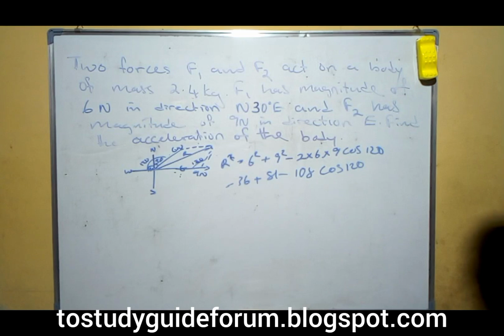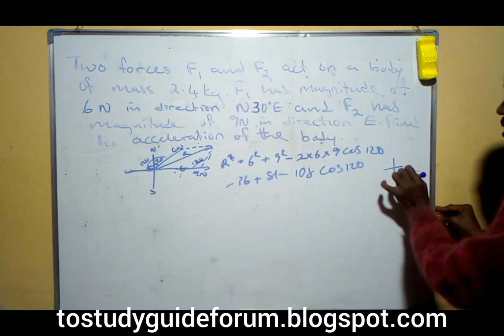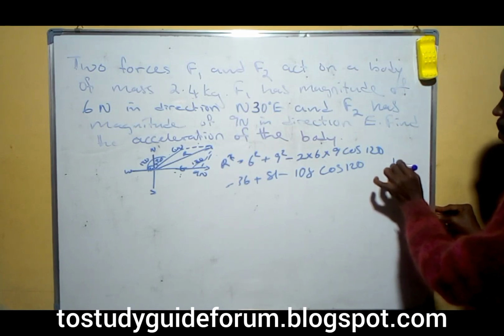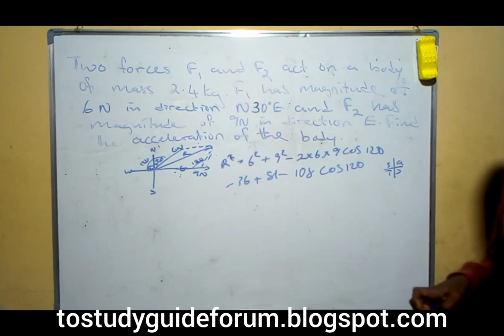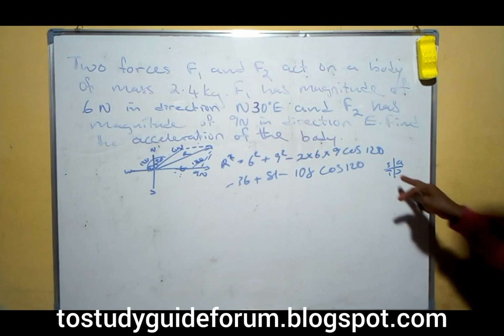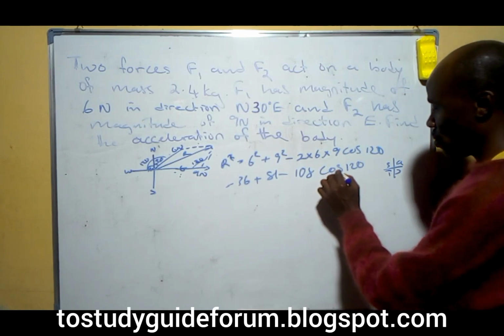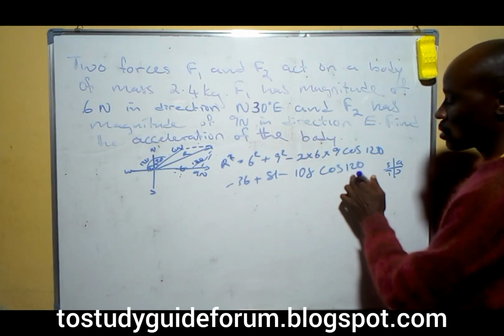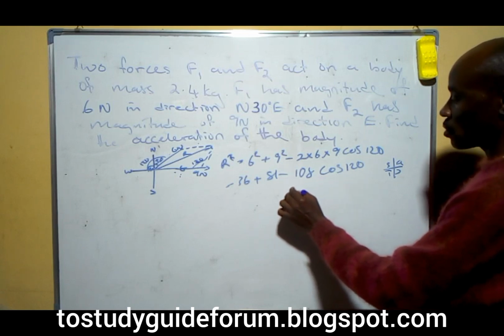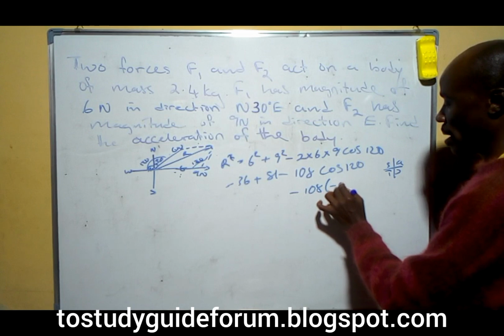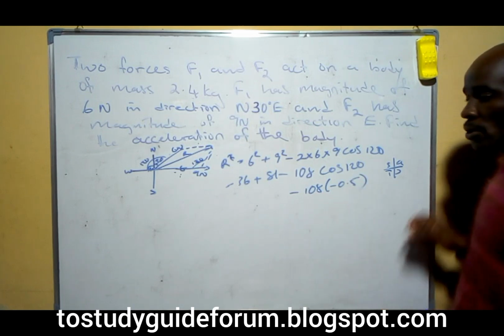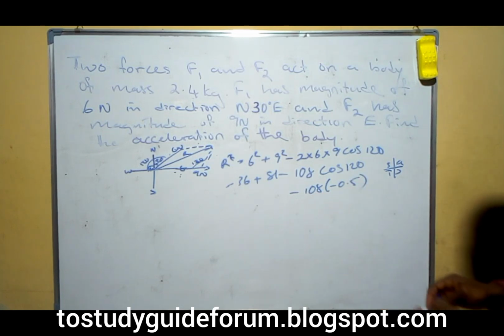In the second quadrant, only sine is positive, so cos is negative. What we have here will be cos 120. Cos 120 will give us 108 brackets minus 0.5.